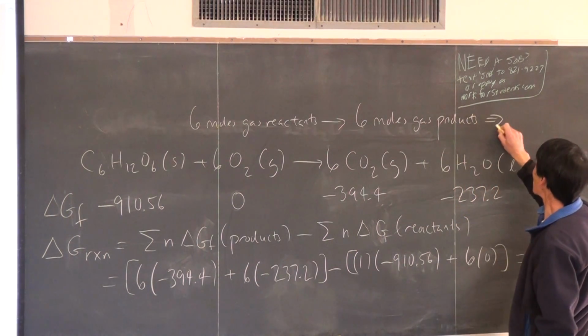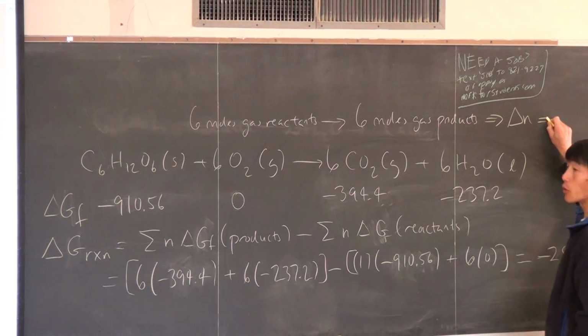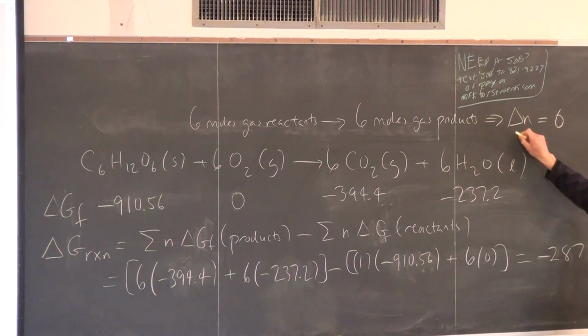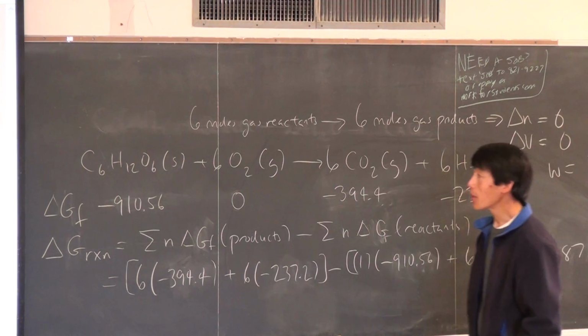So this tells us that delta N is equal to 0, which means that delta V is equal to 0, which means that work is equal to 0. Okay, are there any questions on question 2?